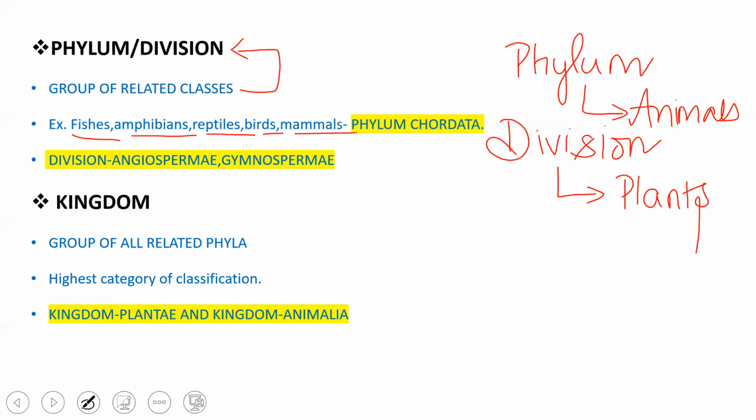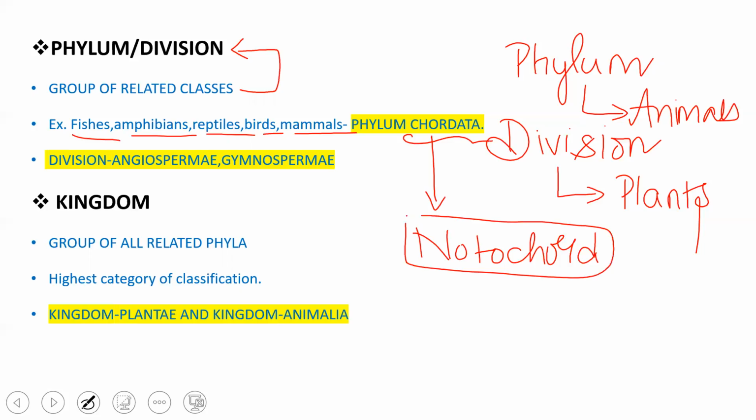The notochord is a rod-like structure present in all these organisms, which serves as an important characteristic feature in the case of phylum Chordata. The word Chordata represents the presence of notochord. So those organisms which possess the notochord belong to the phylum called Chordata, and the ones which do not possess this notochord are called non-chordates. Non-Chordata.